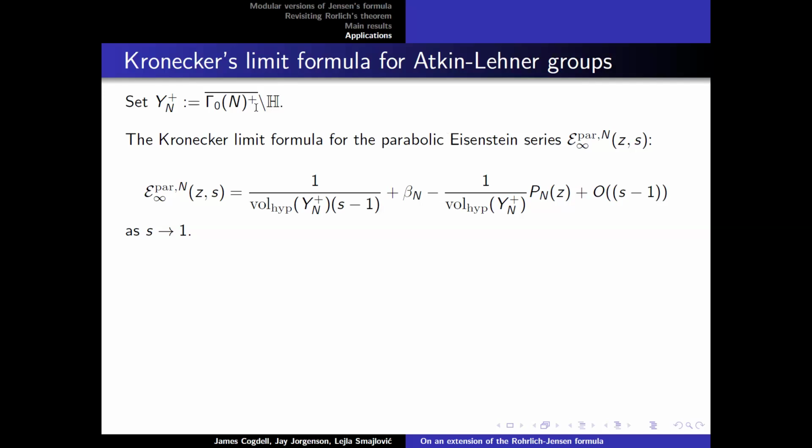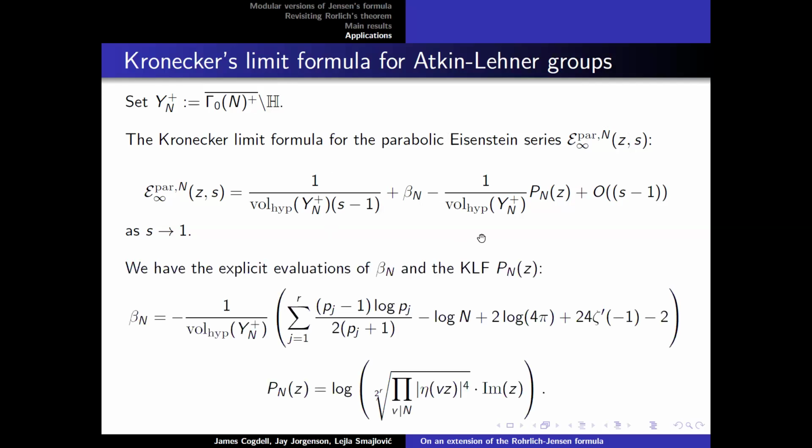So for such groups, we can make all the terms in the Rohrlich-Jensen formula very explicit. So the Kronecker limit formula for the parabolic Eisenstein series associated to this group of level n is of this type, where we have very explicit forms for the constant B_n, which depends only upon the number n, and of course its prime factors. And there is a cute little zeta prime at -1.